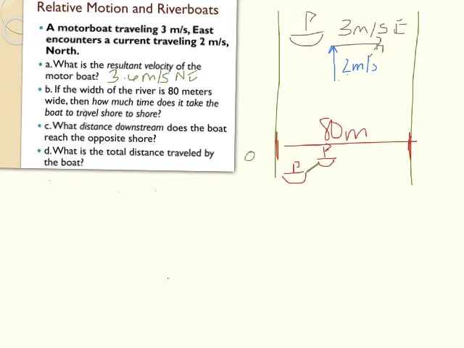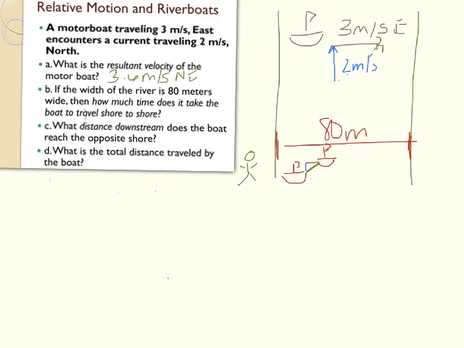To someone standing on the shore, it's literally moving in a diagonal line. But that diagonal line comes from our triangle, with the 2 meters up and the 3 meters over. Every single second, the boat will still move 3 meters per second to the east. It's just simultaneously, it's also moving with the current 2 meters per second north.